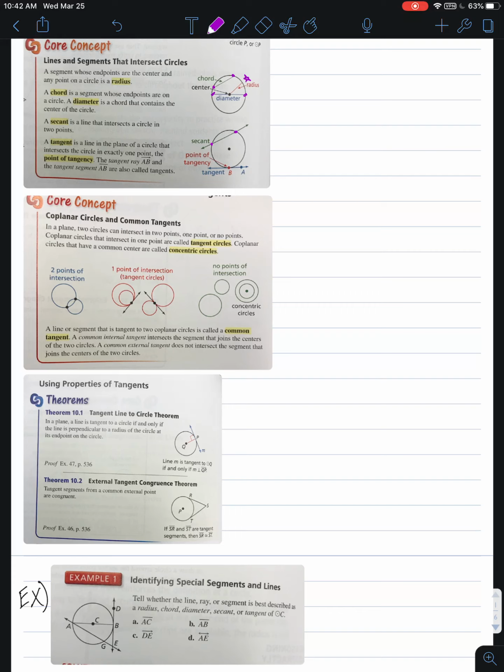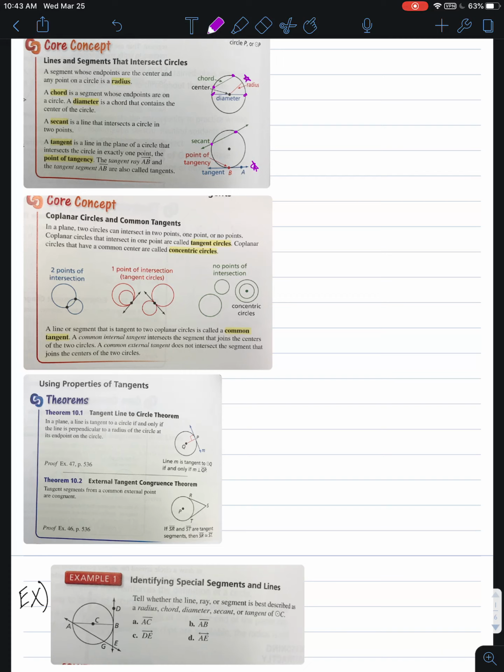And then the last one is a tangent line and then a point of tangency. A tangent line is going to be a line on the circle that intersects the circle at only 1 point, and exactly 1 point. So in this part right here, that is point B. It goes along and then touches at point B and then keeps going, but doesn't touch the circle at any other point. So that's what makes it a tangent line, or it could also be a tangent ray if it's just a ray that's going through, or a segment.